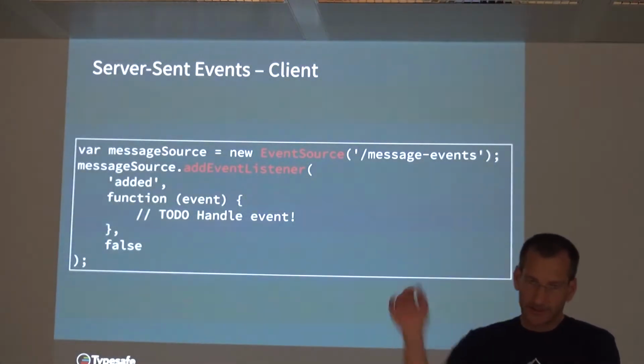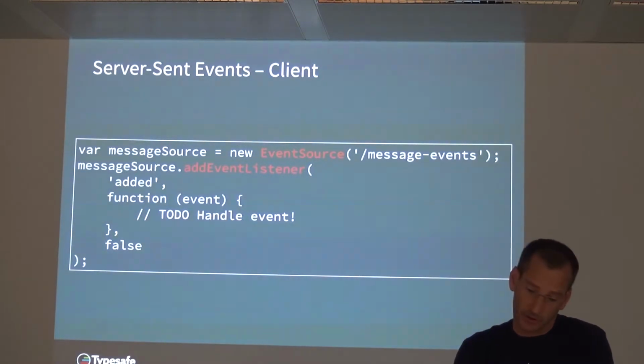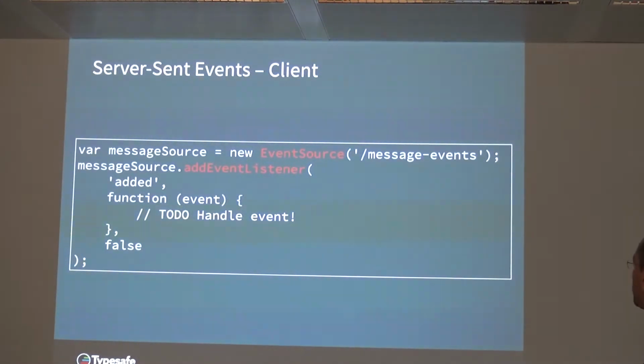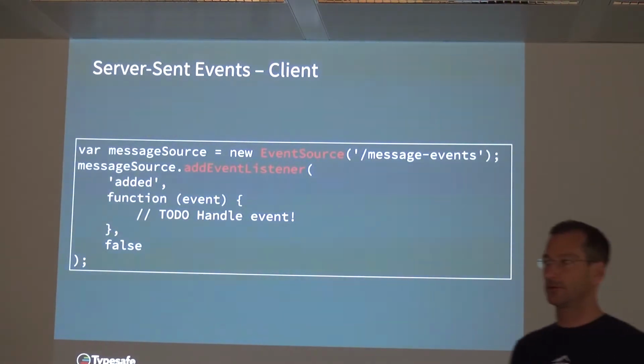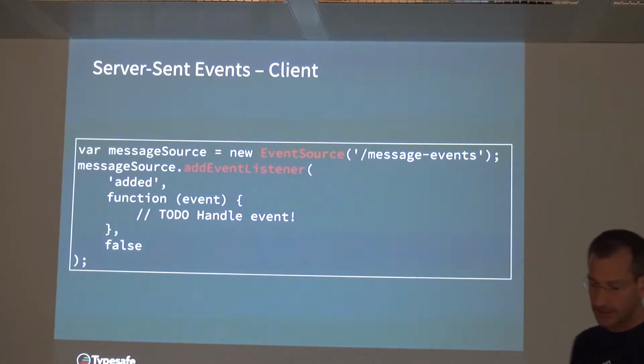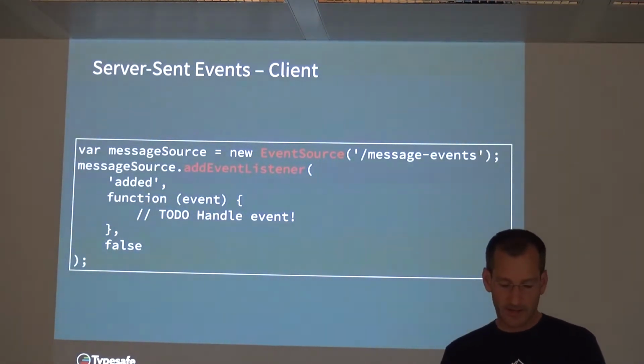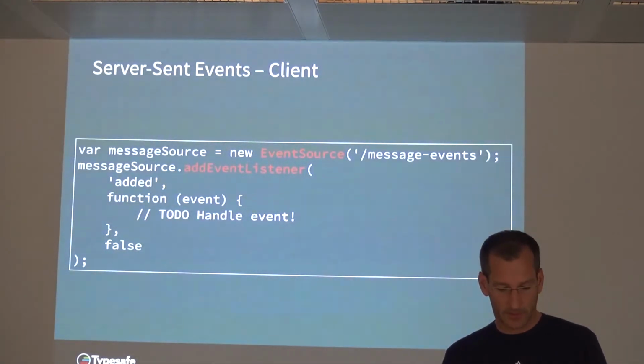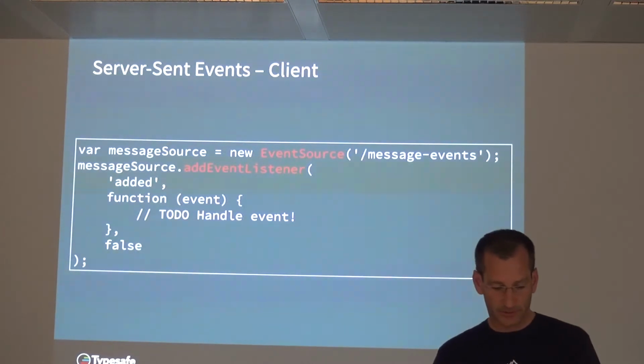In the client, so let's go back to AngularJS JavaScript. You just use the EventSource object, which is available if you're not on Internet Explorer. You pass along a URI or just a path, whatever. You can also pass along a couple of properties. And then you register listeners.